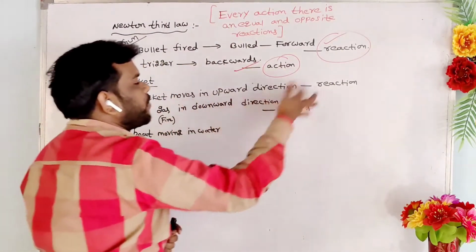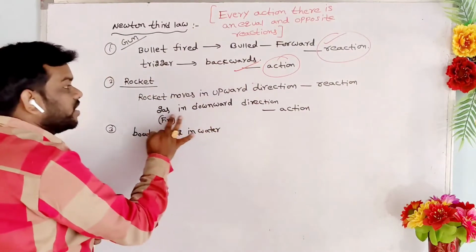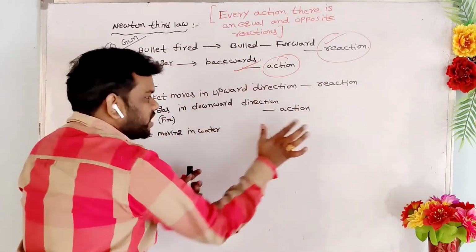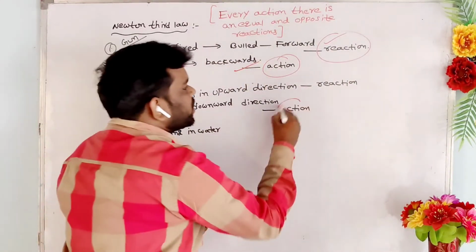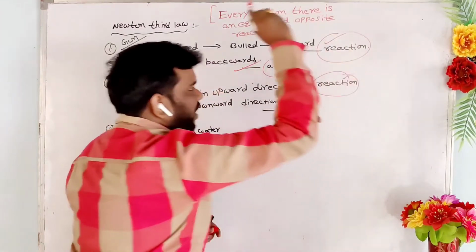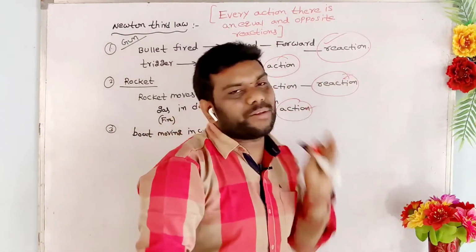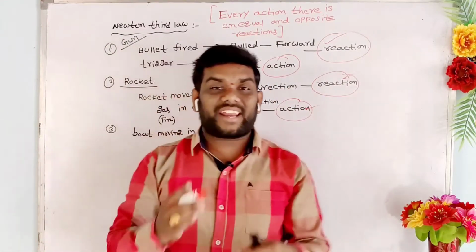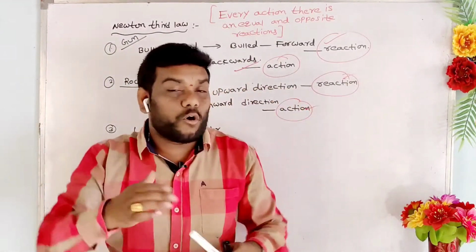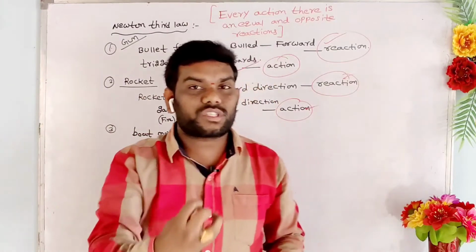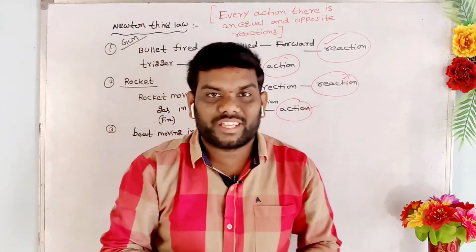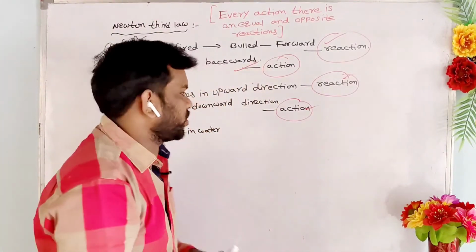So the rocket moving in the upward direction is the reaction, and the gas in the downward direction is the action. Here the magnitudes are equal, but the directions are opposite. The forces are equal and opposite reactions.